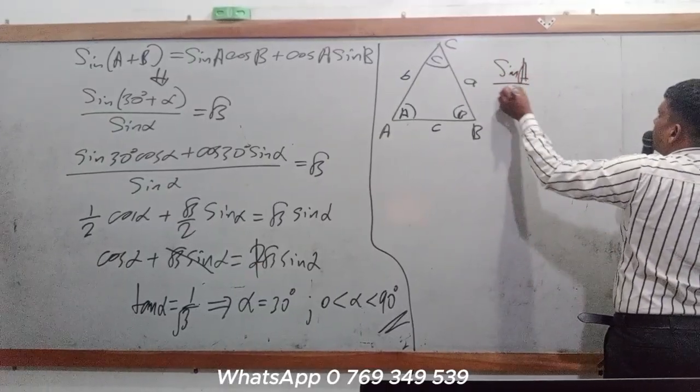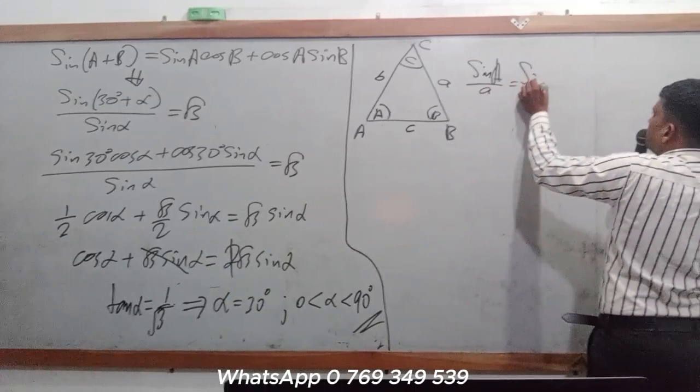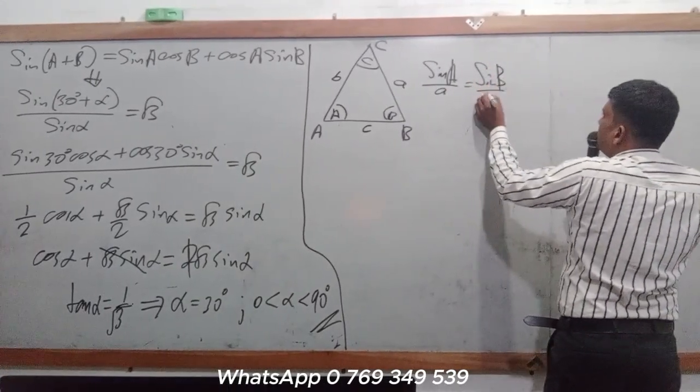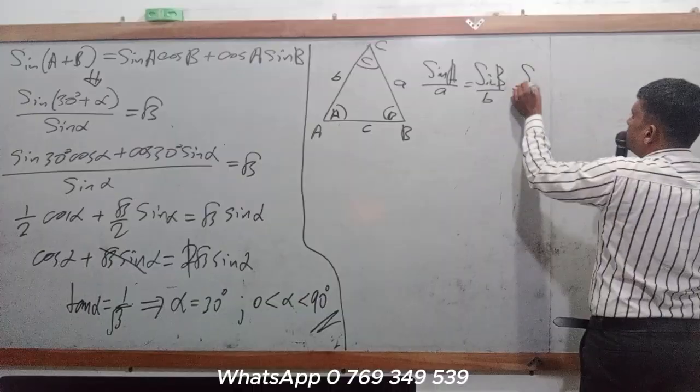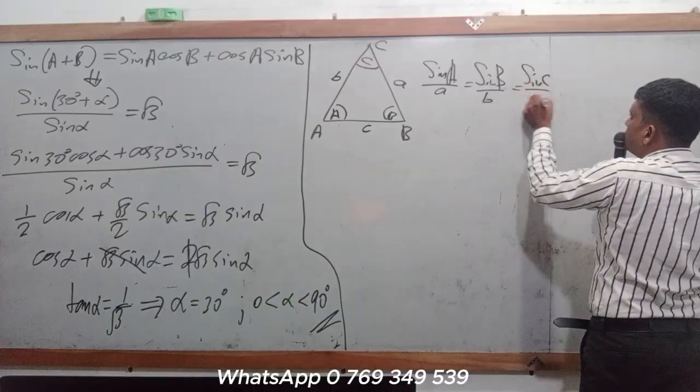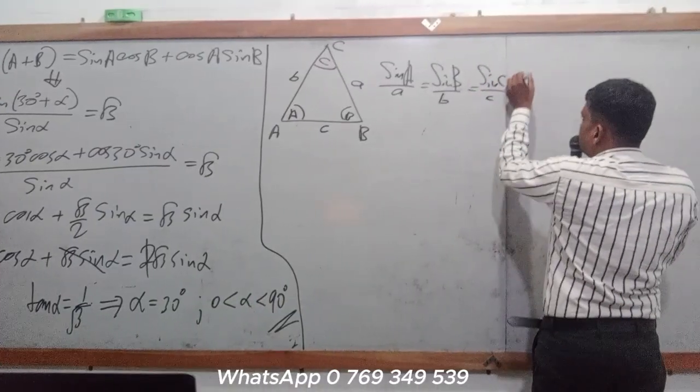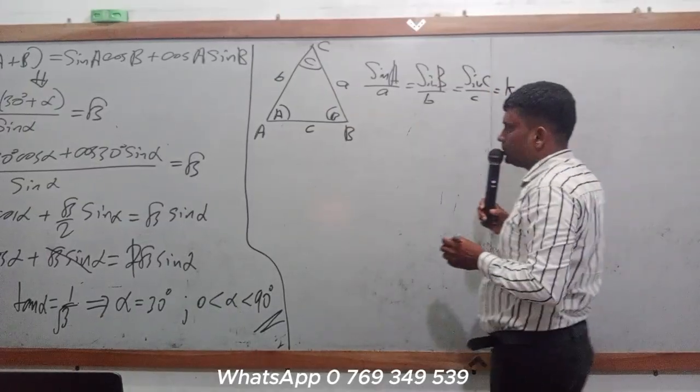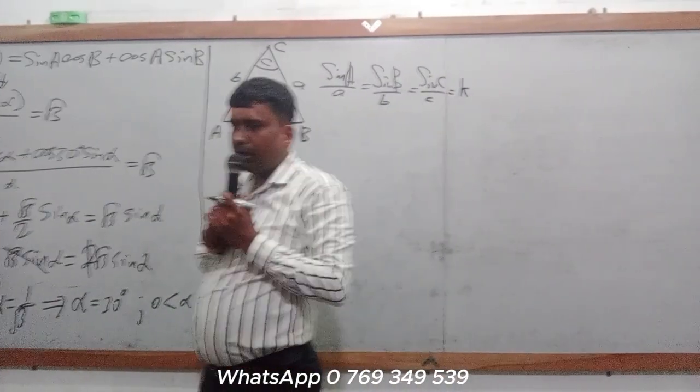Sine A divided by a equals sine B divided by b equals sine C divided by c. You can say that is a constant K or something.